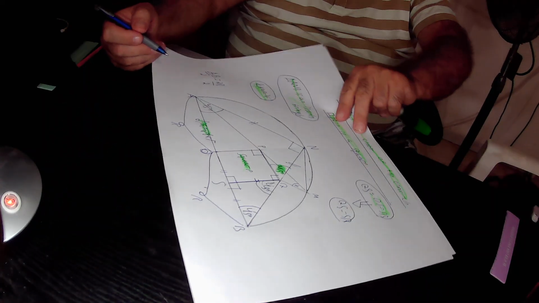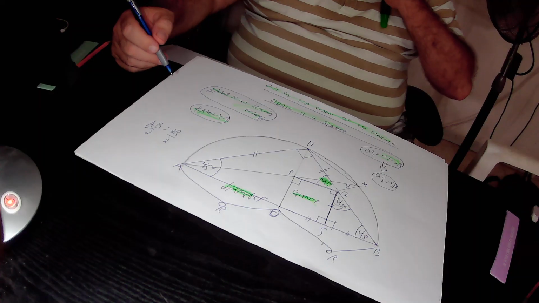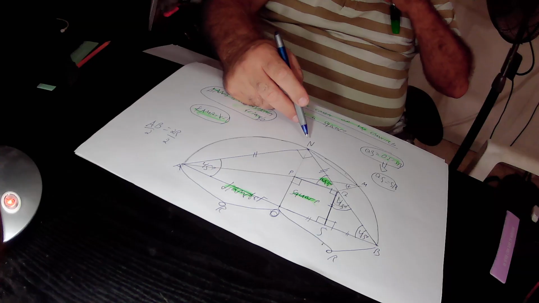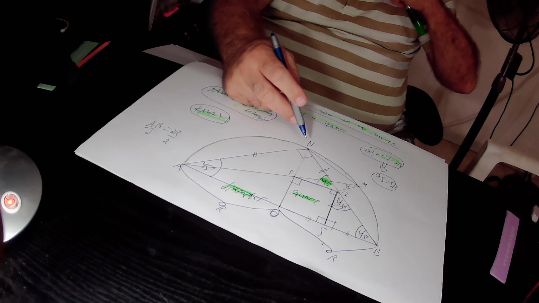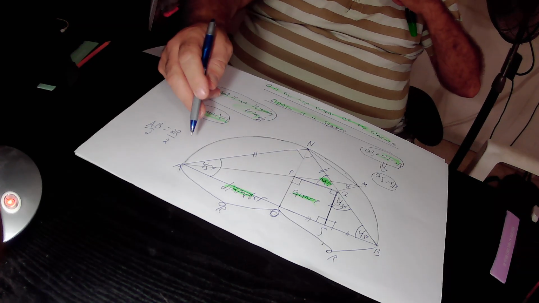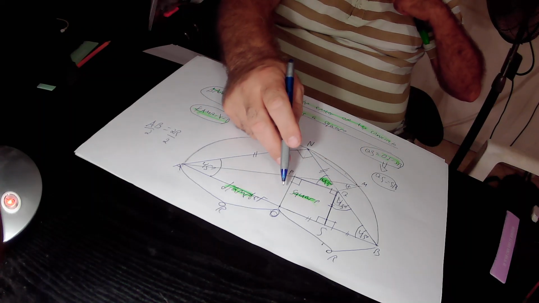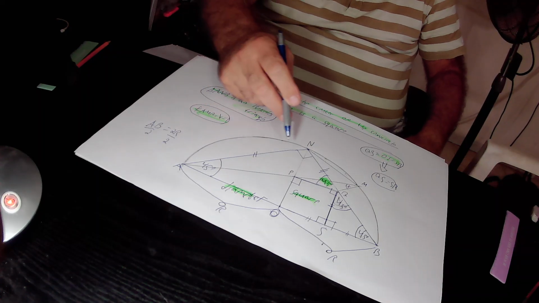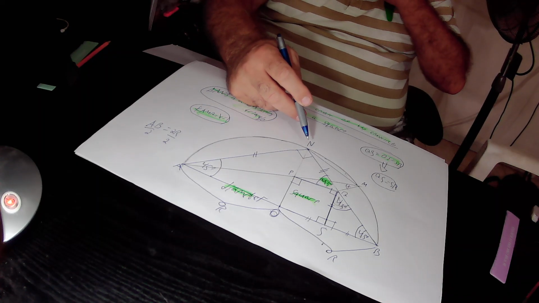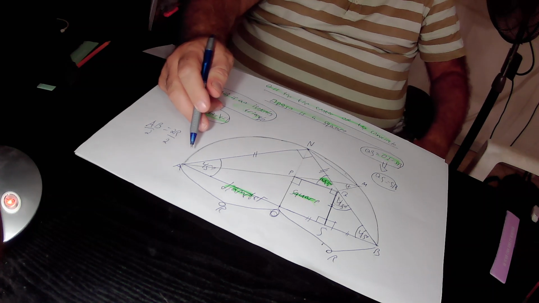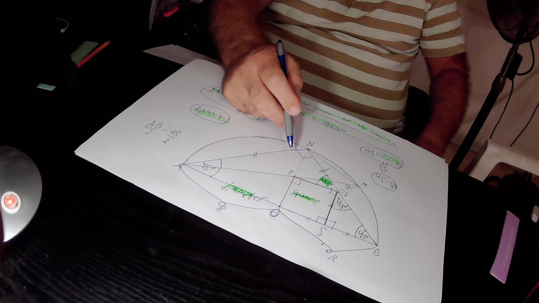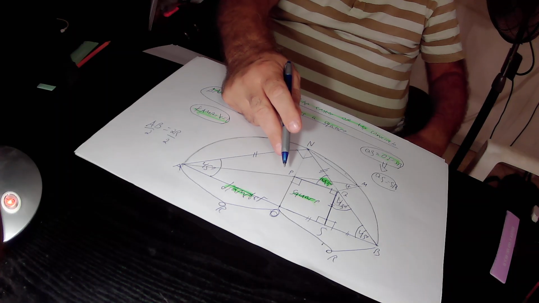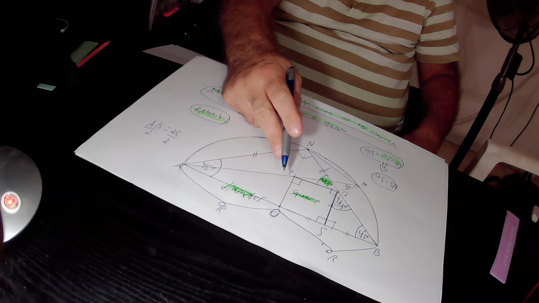And because the perpendicular from point N bisects the base AB, it means that the perpendicular from point N must touch the base AB at its midpoint. So the perpendicular from point N must touch the diameter AB at its midpoint. And we know that the midpoint of any diameter is the center of the circle or the center of the semicircle.